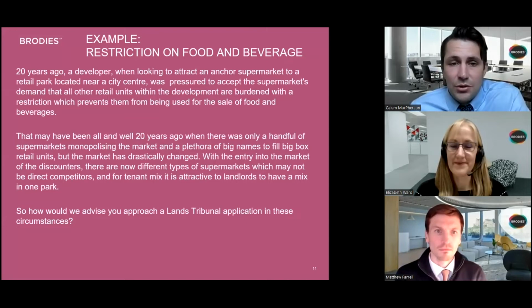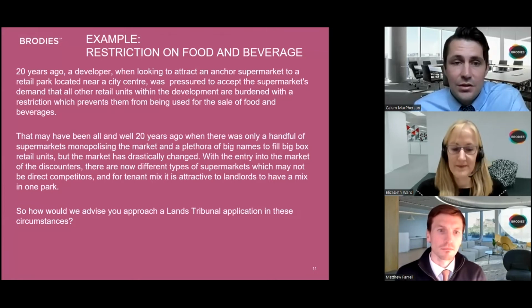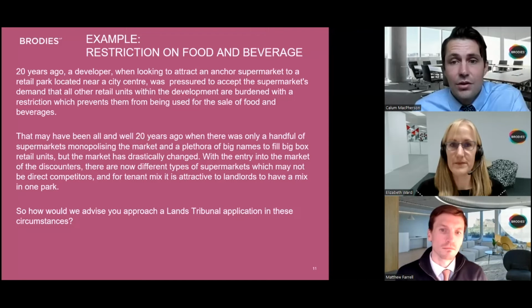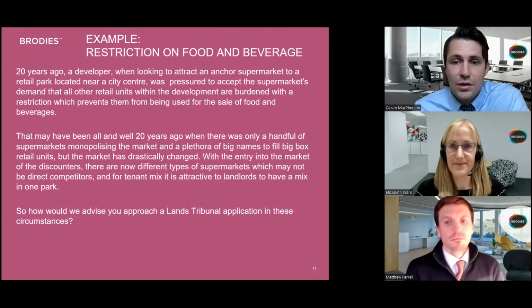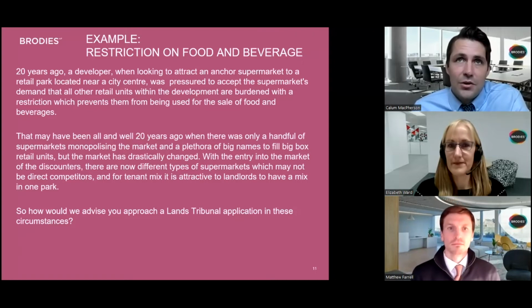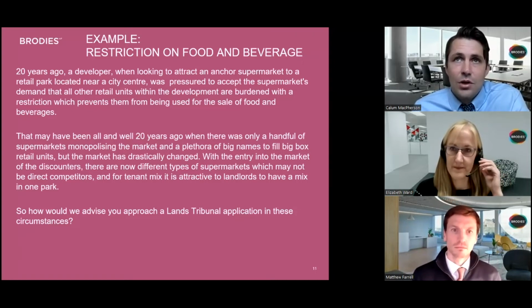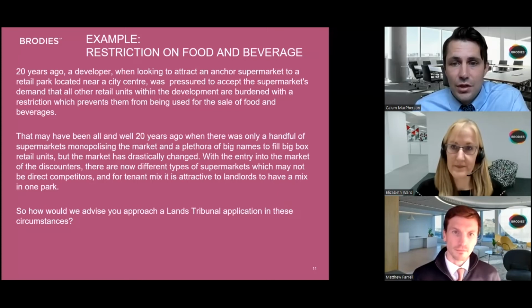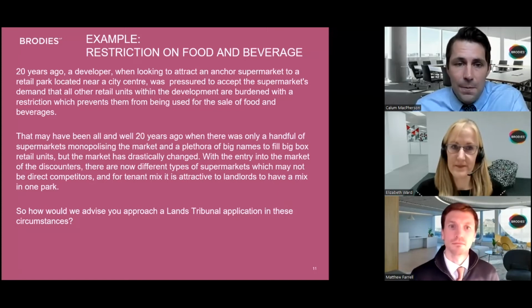So in this example, 20 years ago, a developer, when looking to attract an anchor supermarket to a retail park located near a city centre, was pressured to accept the supermarket's demand that all of our retail units within the development are burdened with a restriction which prevents them from being used for the sale of food and beverages. So you've got a retail park, anchor supermarket, and all other units are restricted from being used for the sale of food and beverages.